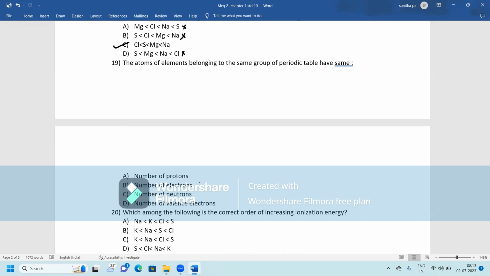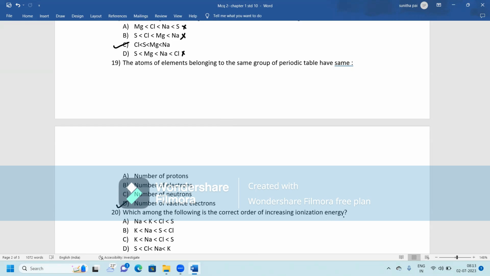Number of electrons also vary. Number of neutrons too vary. So here option D is the correct answer. The number of valence electrons remains the same. So option D.